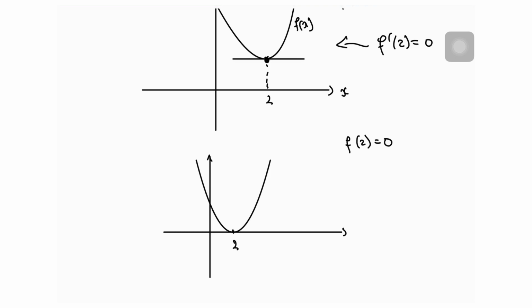So let's say this is 2. This is x, this is y. You can say that one of the ways to solve, and you can challenge yourself, is, for example, x minus 2 squared.